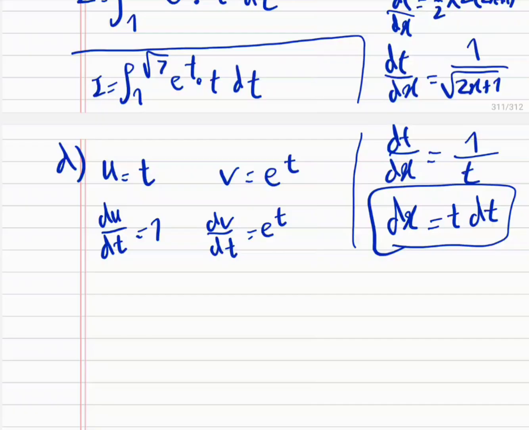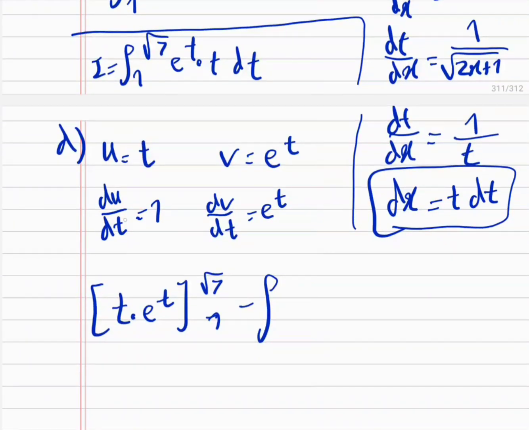So we'll have t times e to the power of t, and don't forget to write the bounds, and then minus the integral of du by dt times v, which is just e to the power of t dt.